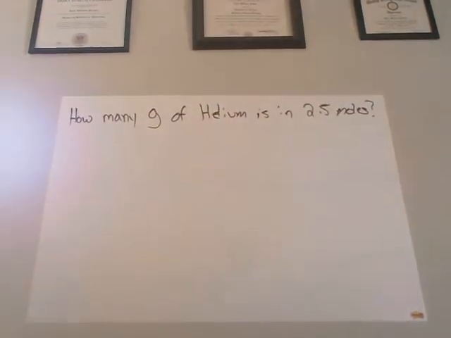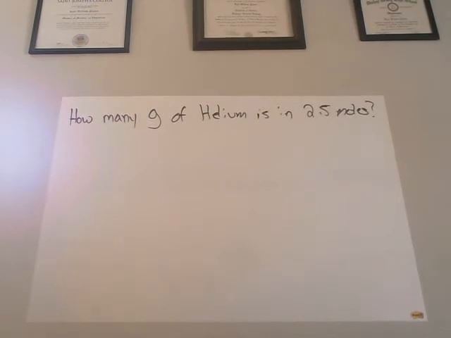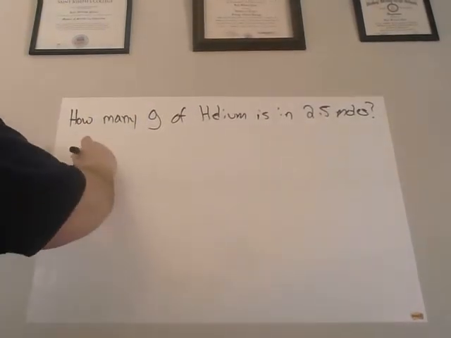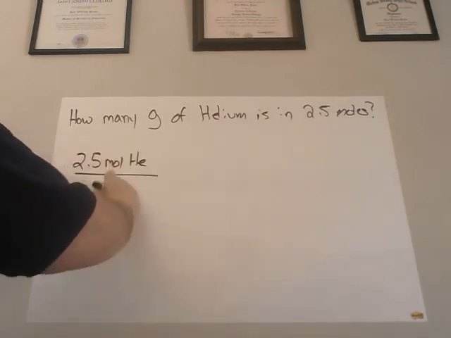So, similar process to what we did with carbon, but instead of starting with grams, we're starting with moles. So I take my given, 2.5 moles of helium, and I place it over 1.